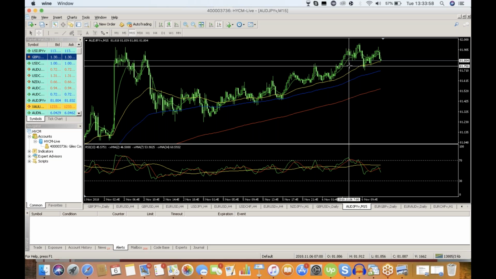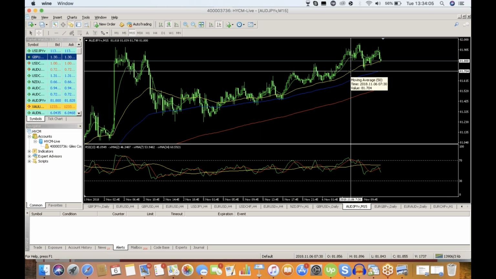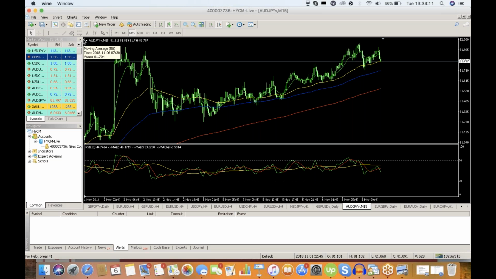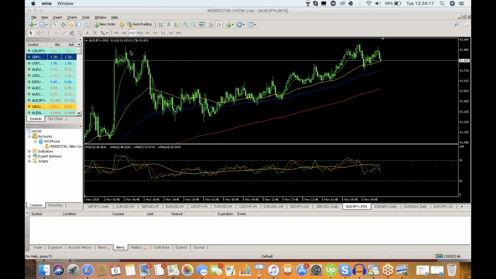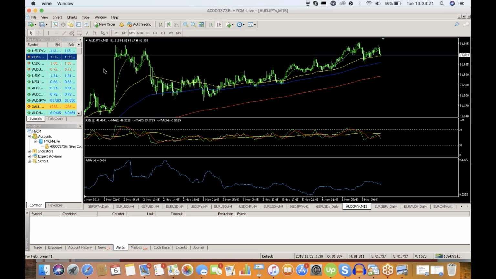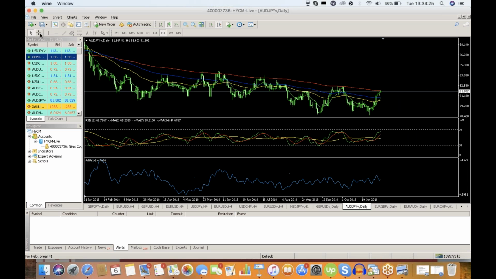The other way is you could try to enter along the 100 moving average, and if you wanted a wider stop, a good way to determine your stop on an intraday basis is to use the average true range. So let me show you the indicator. There's the average true range, with ordinary settings, 14. How much stop do you want to set?